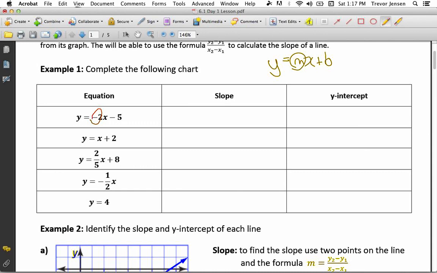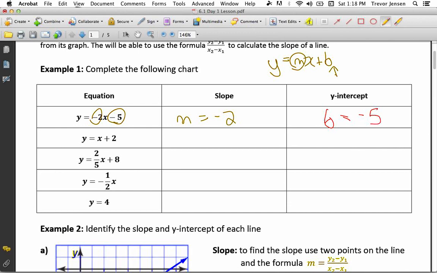X is being multiplied by -2, so that is our slope. Our slope is -2. The -2 is in the place of the m in the formula y equals mx plus b. What is in the place of b in our equation here? You see a -5. So what's being added to our product of -2x? It's -5. So our y-intercept, our b value, is equal to -5.